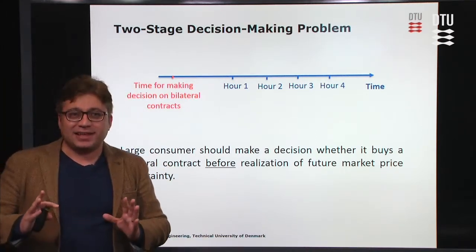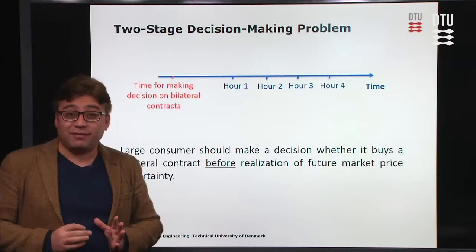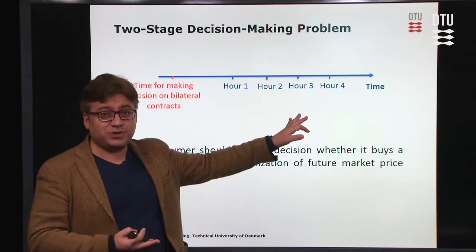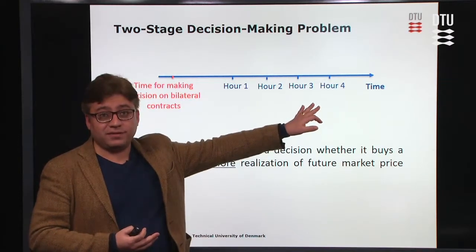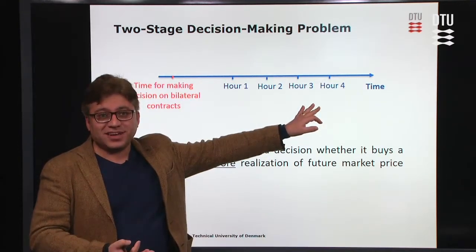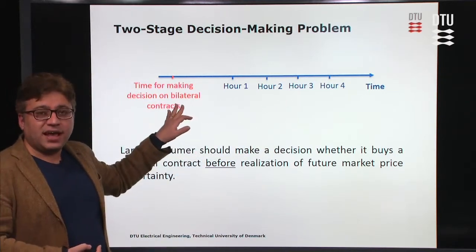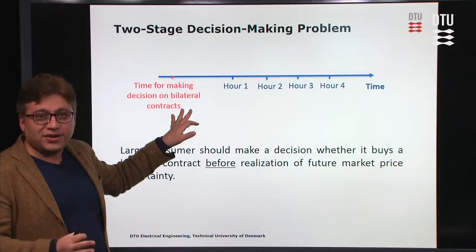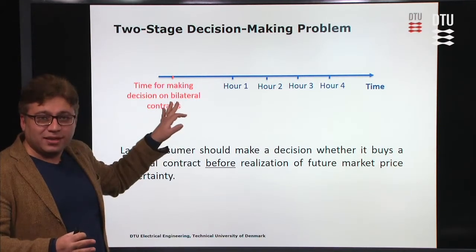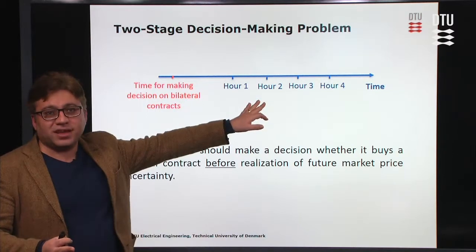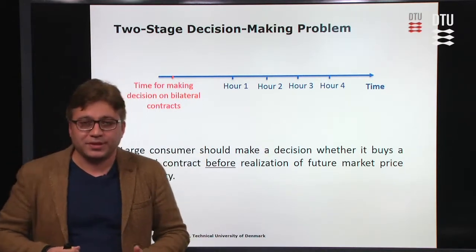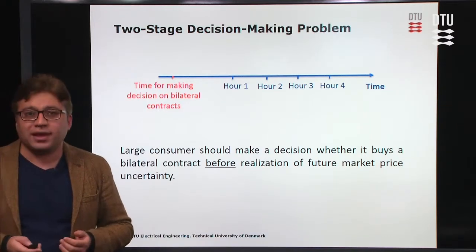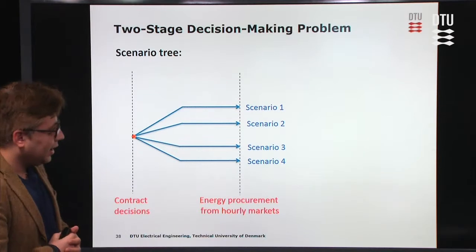So as a large consumer, I have no idea which price scenario will be realized in the future. While I have this uncertainty in advance, I have to make a fixed, scenario independent decision before the realization of the uncertainties. Clear? Maybe the next slide can make it clearer.